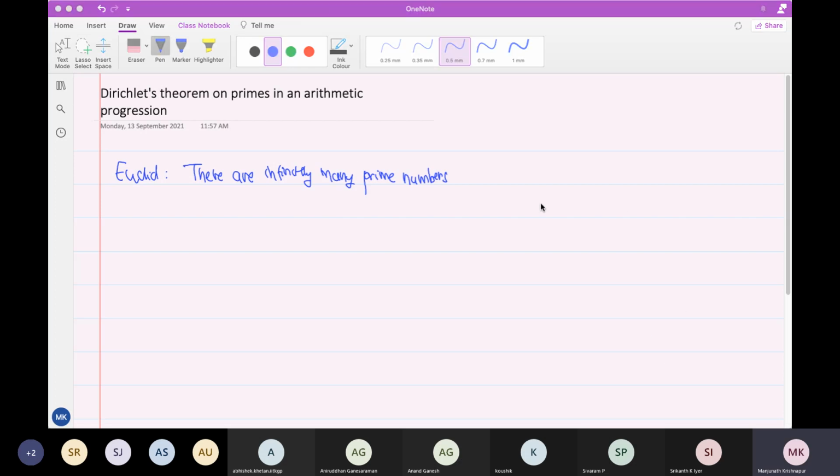Is there anybody who hasn't seen a proof of this? There are lots and lots of proofs of this, many interesting proofs of this theorem. Euclid's original proof is one. Just for fun, let me tell you another proof, which is not so well known.